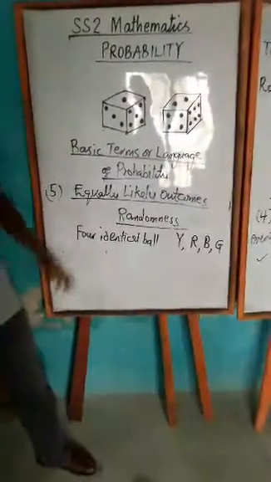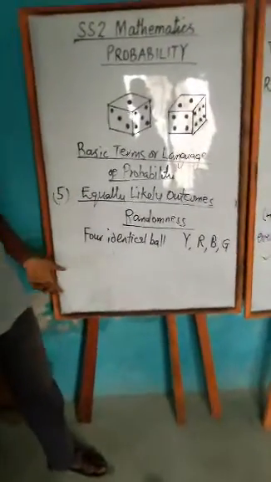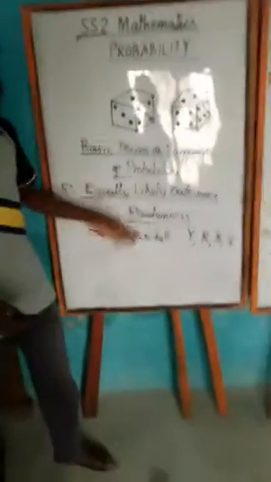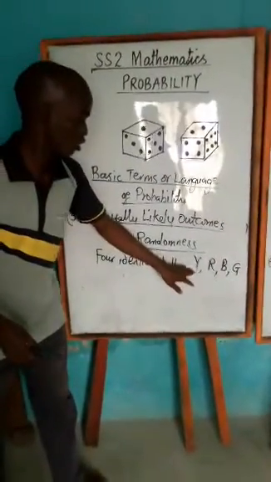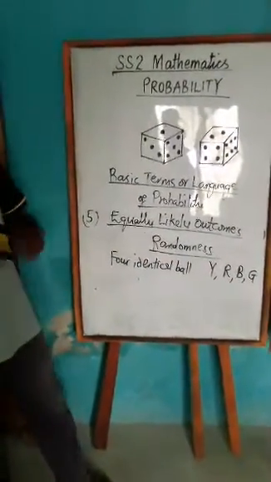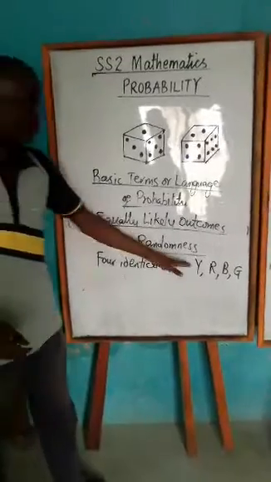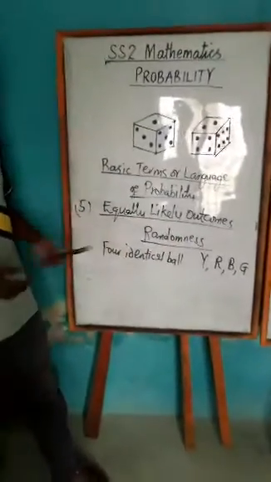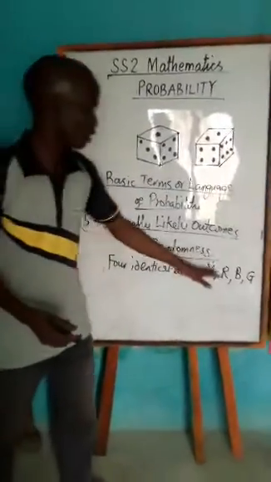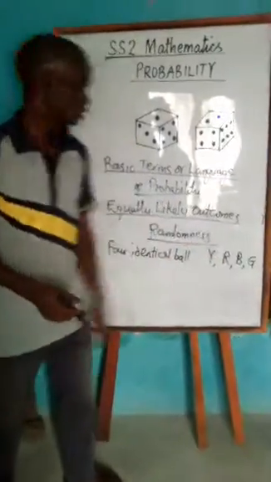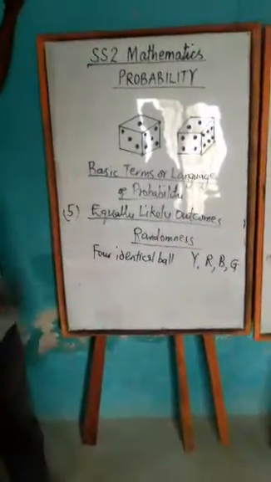Each ball has an equal chance of being picked, meaning that we cannot predict the color of the ball that we are going to pick. That is this particular color that we are going to pick. Each ball has an equal chance of being picked.